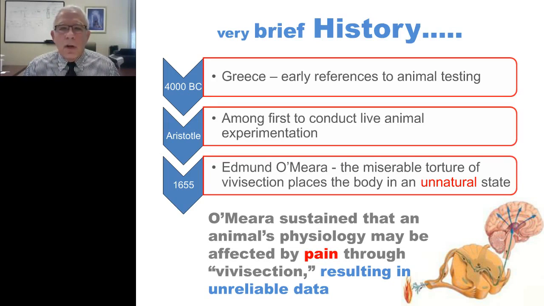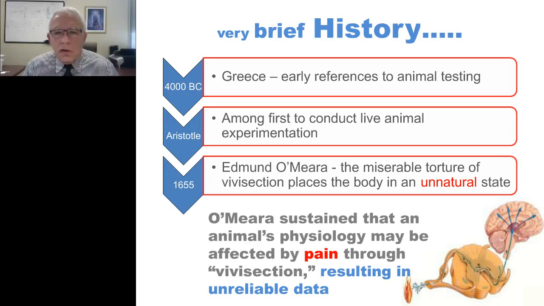So O'Meara sustained that an animal's physiology may be affected by pain through vivisection, resulting in unreliable data. It is interesting that this man said this back in 1655, and today this is proven more true than ever.